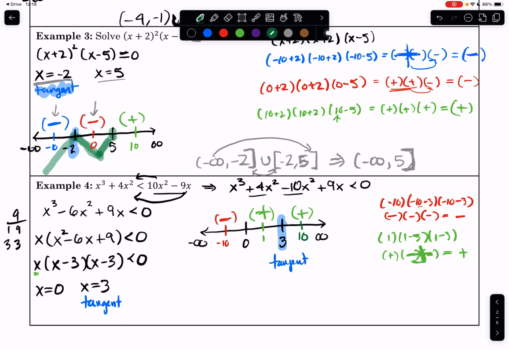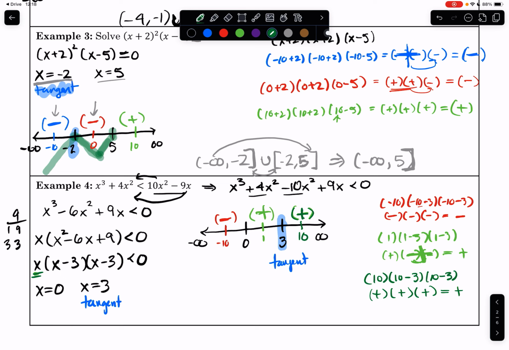So for x, we're going to replace that with positive 10. In the parentheses, that would be 10 minus 3, and 10 minus 3. Well, obviously 10 is a positive number. 10 minus 3 is also a positive number. And 10 minus 3 again is another positive number. And multiplying 3 positive numbers is positive. So you see, I ended up with a positive sign yet again.